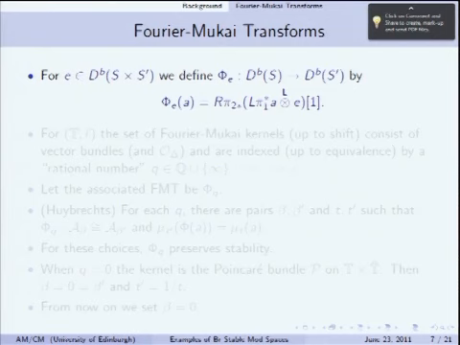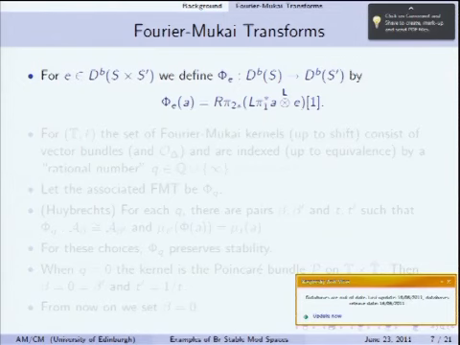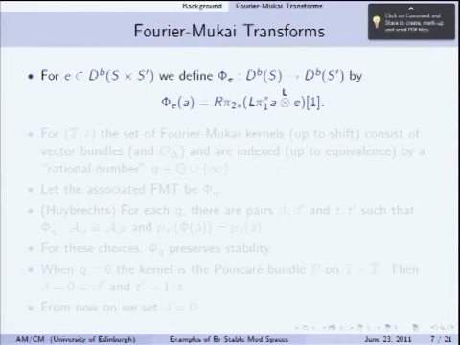They're invertible equivalences of categories D(S) to D(S'), given by an object on the product, in the derived category of the product. You pull back, you twist, and you take the direct image. And I've liberally sprinkled it with L's, a lot of the time that's not necessary, of course. And I'm going to set the convention, which again is Huybrechts' convention, of shifting by 1.